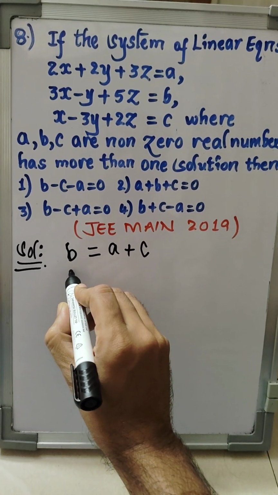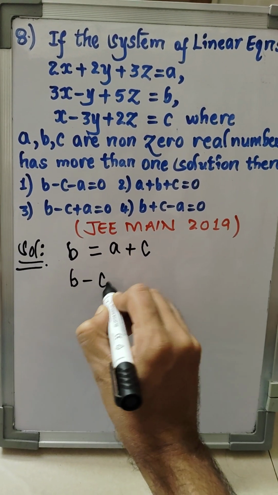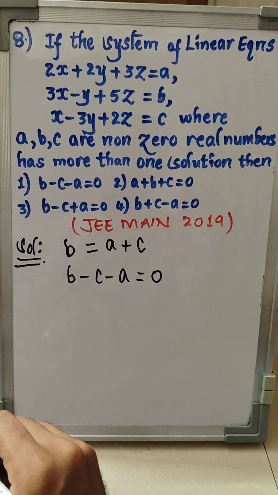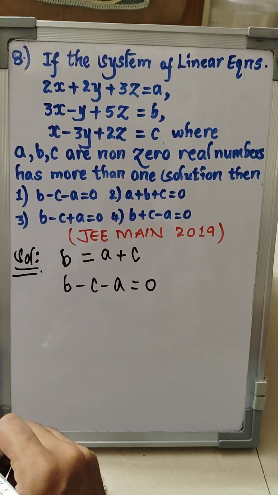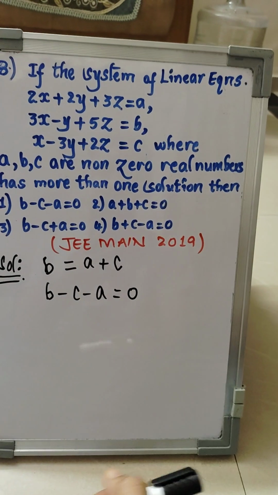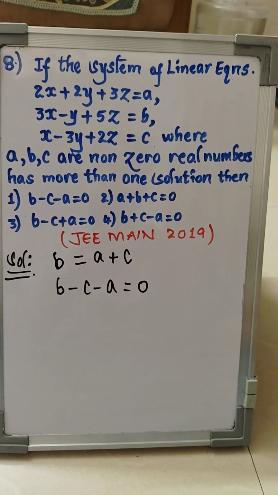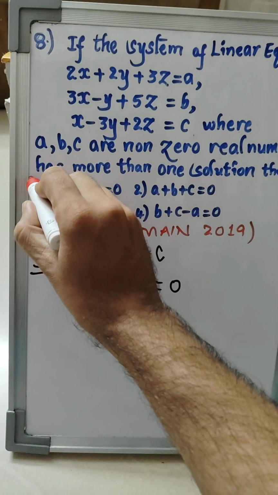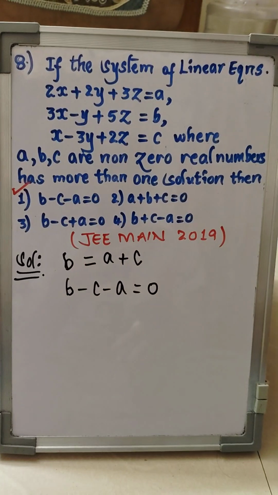So we can write b minus c minus a equal to 0 without thinking much about the problem. By observing the equations itself, we are getting the right option as option A. Option A is the right option.